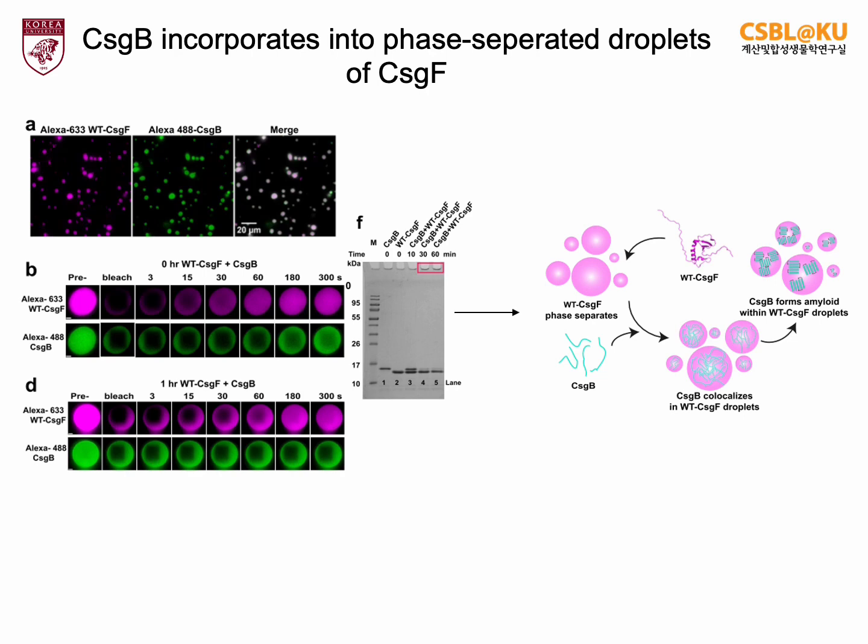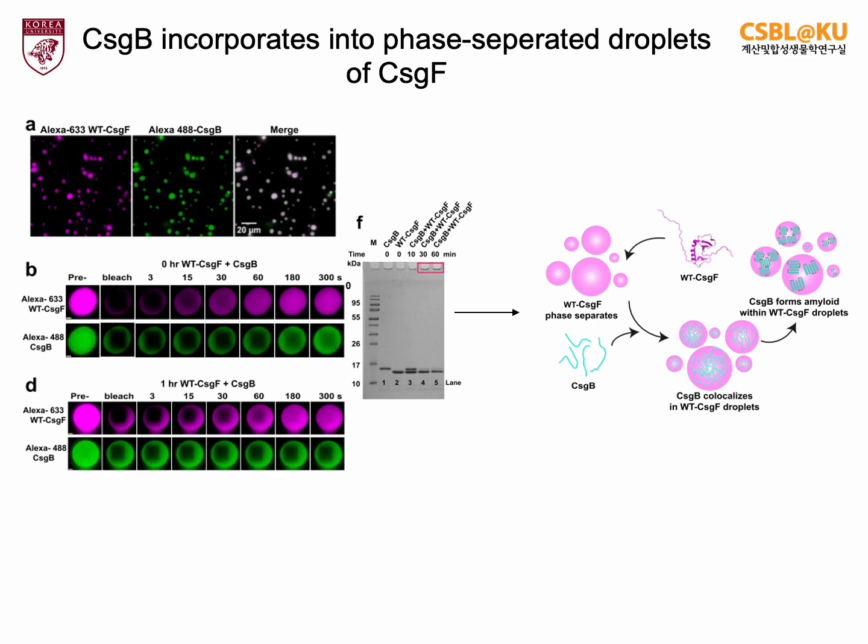Next, researchers validated whether CsgB could interact with the wild-type CsgF condensates. First, when CsgF condensates were added to CsgB, both proteins colocalized. Then, to elucidate the nature of CsgB in the phase-separated droplets of CsgF, they carried out FRAP measurements.